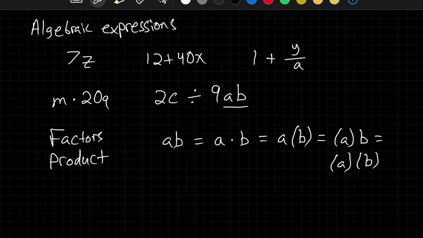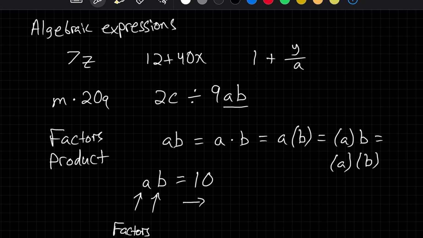So let's just write AB is equal to, we'll just say 9. Has nothing to do with this earlier, so let's just choose a different number. Let's write 10. Okay, so A and B, these are called factors.